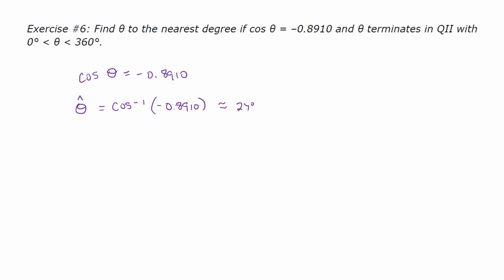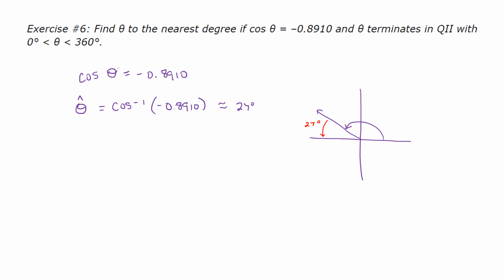So we know that our angle of theta terminates in quadrant 2. But we have some angle that terminates in quadrant 2. According to our reference angle, we know that our reference angle is 27 degrees.